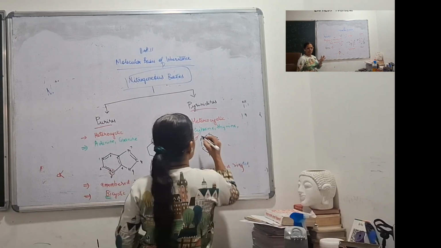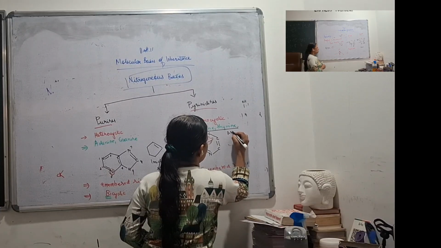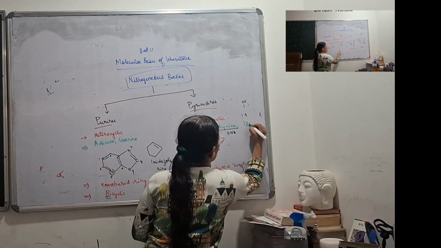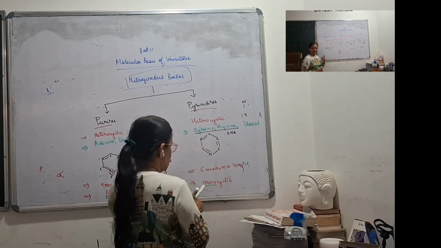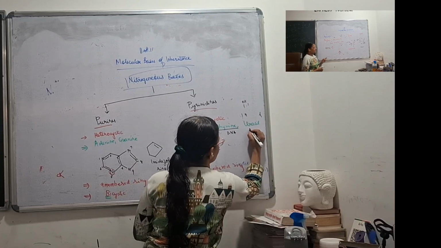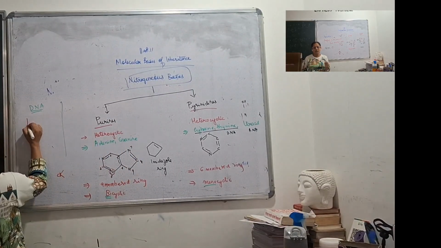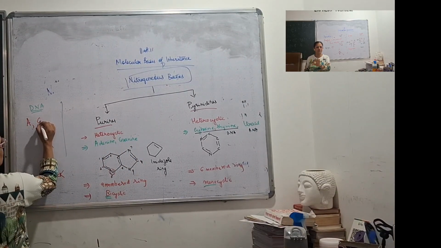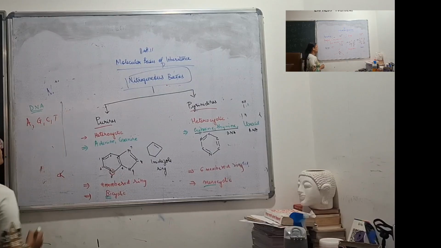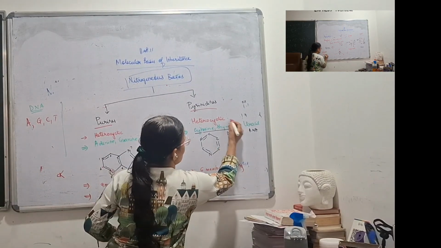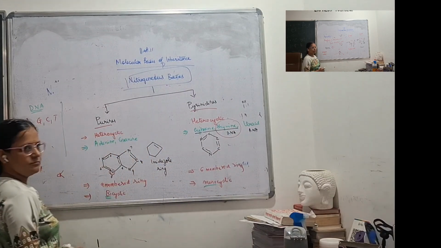In DNA, you will have cytosine and thymine. But in case of RNA, you have uracil instead of thymine. I will designate them as capital A, adenine, G guanine, C cytosine and T thymine. Okay. Here I have mentioned thymine in DNA.